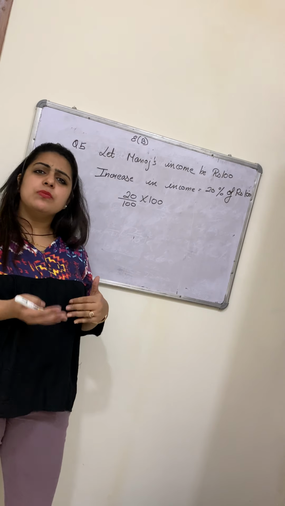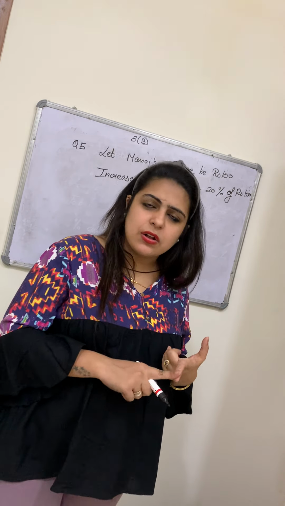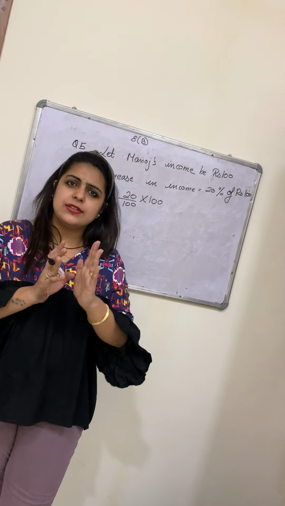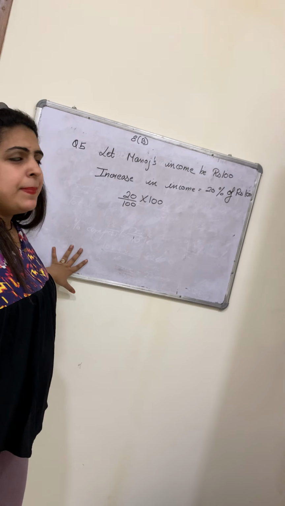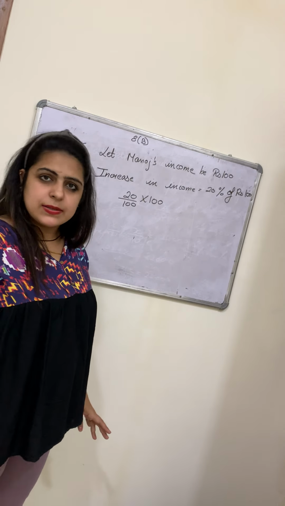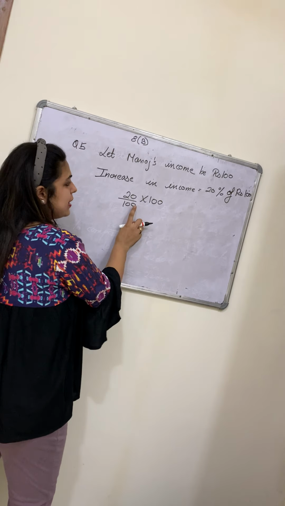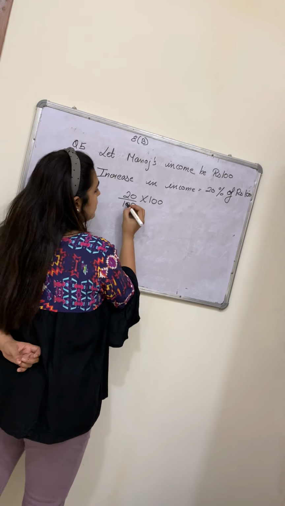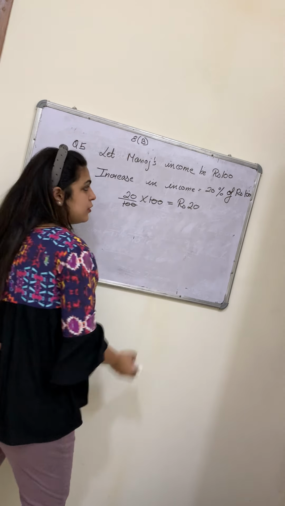This will make the calculation easier. That's why we have taken 100. Otherwise, we can do it using x also. We can do it using 100 also. That is your choice. The method will be the same. The answer will come the same. You want to do it by 100 or by x, right? So 20% of rupees 100. That is 20 upon 100 into 100. That will be rupees 20.